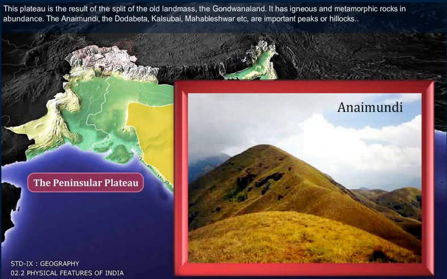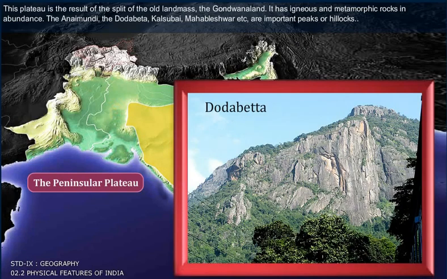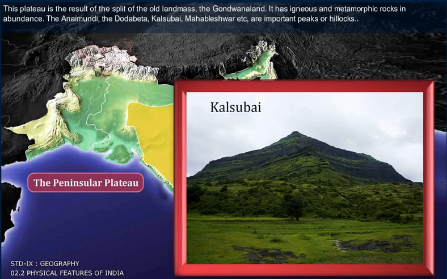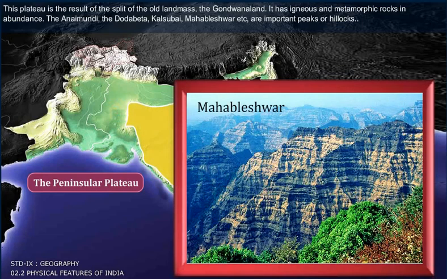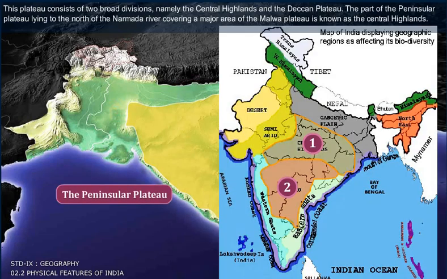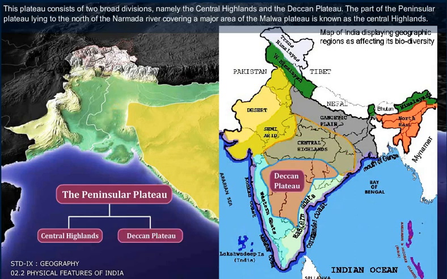The Anaimudi, Doda Beta, Kalsubai, Mahabaleshwar, etc. are important peaks or hillocks. This plateau consists of two broad divisions, namely the Central Highlands and the Deccan Plateau.